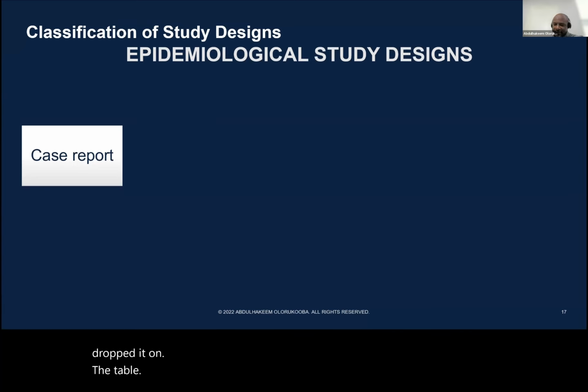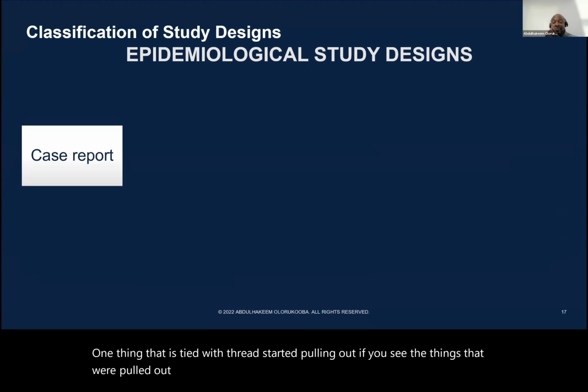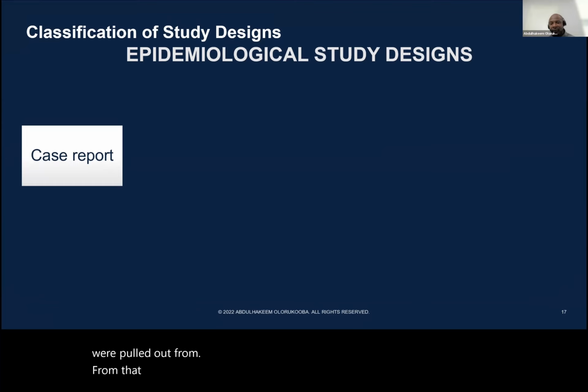It's serious. Continued to poke. Pulled out a nail, a stick, one thing that is tied with thread. Started pulling out. If you see the things that were pulled out from that place, oh my God. 24 hours, 48 hours after, when they checked this lady, all the swelling, everything has subsided.